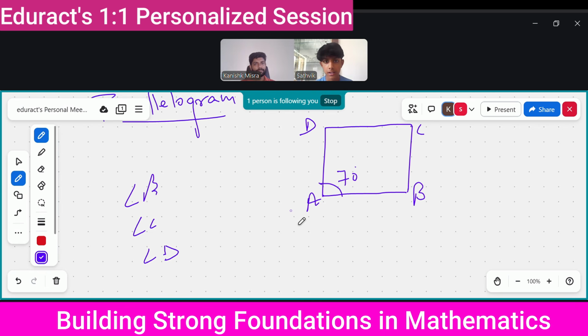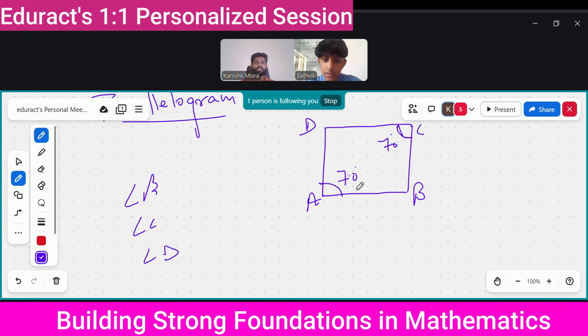We know that the opposite angles of a parallelogram are equal. So if angle A is 70, angle C is also 70. Then we should subtract it from 360, is it? No. See, if you subtract from 360 degrees, it would be either B or D. Again, you have to get the remaining number for both sides.